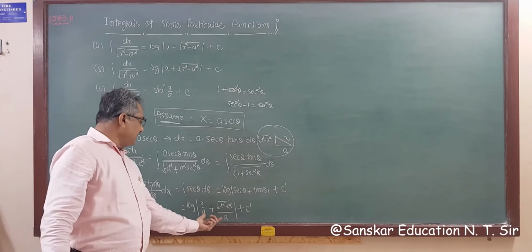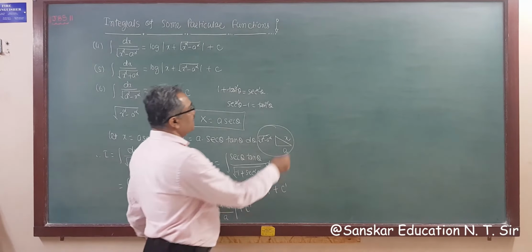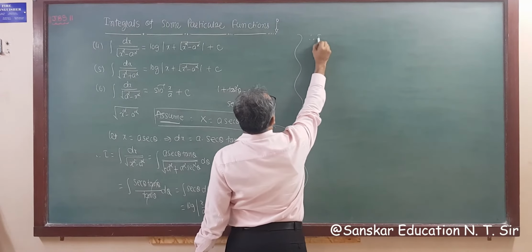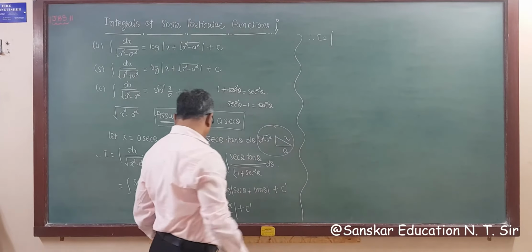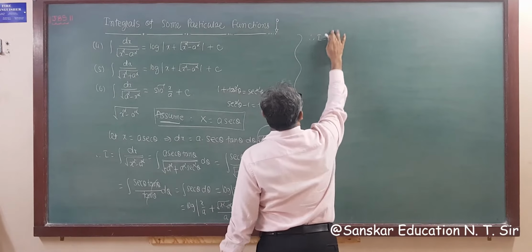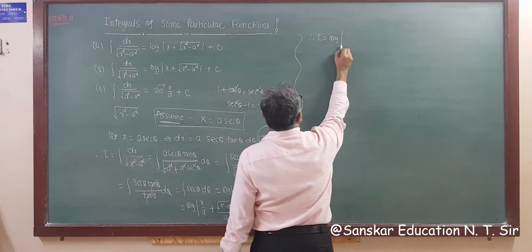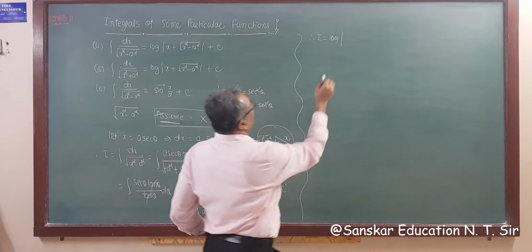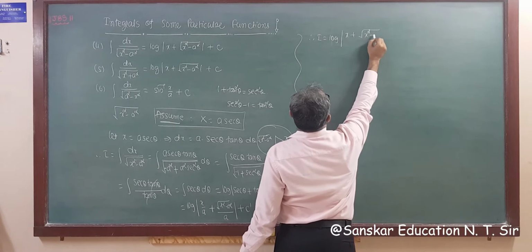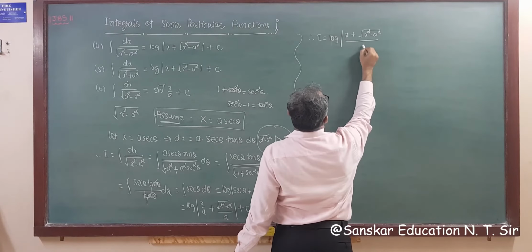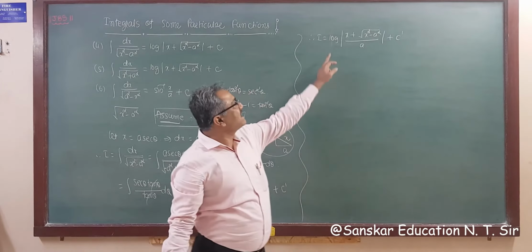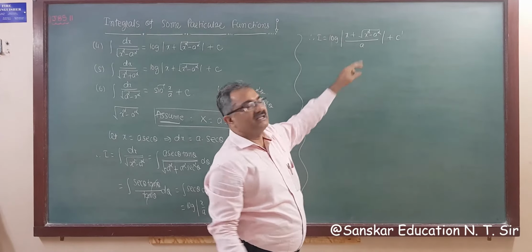Now a is the LCM, so this can be written as I is equal to, sorry, integration is over now. We are in simplification mode. This is log, taking a as LCM, x plus under root x square minus a square upon a, plus c dash. Now log a upon b is log a minus log b.